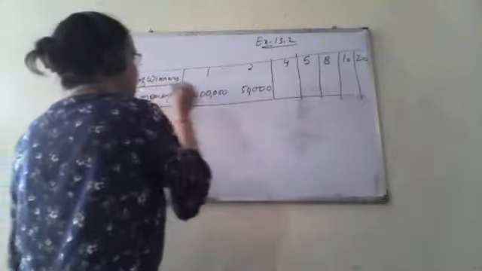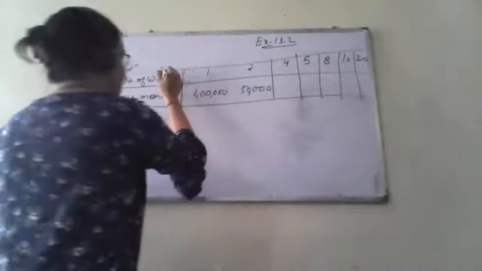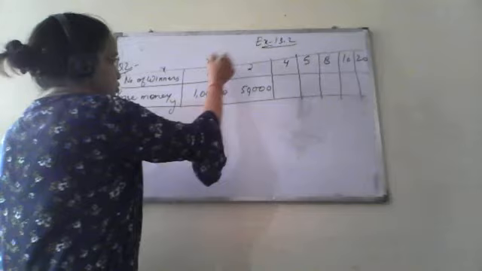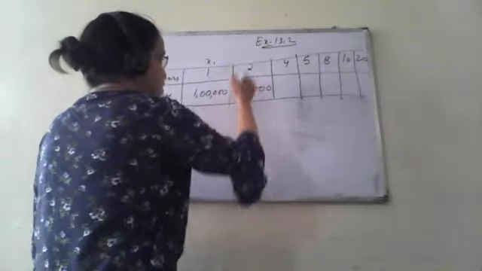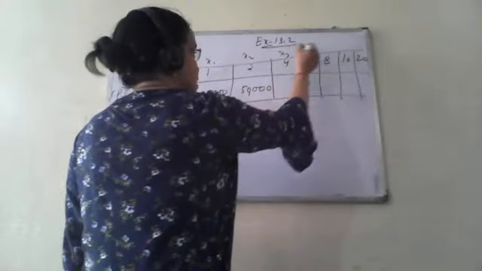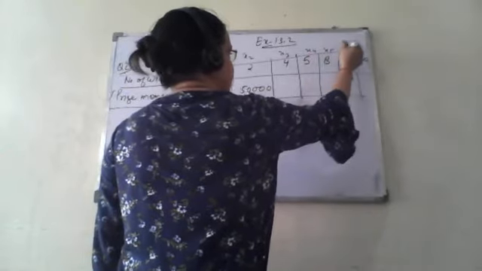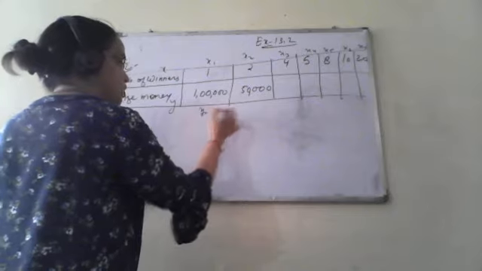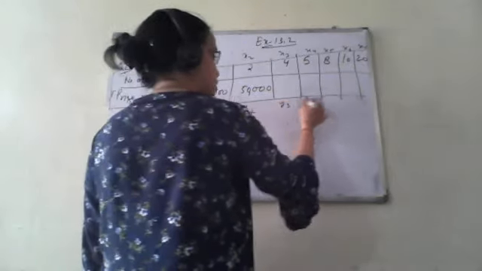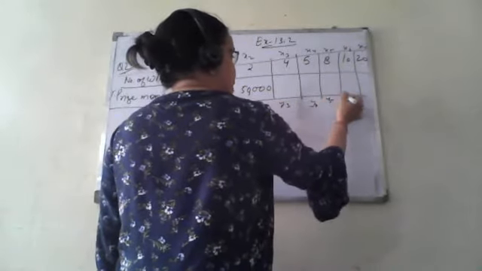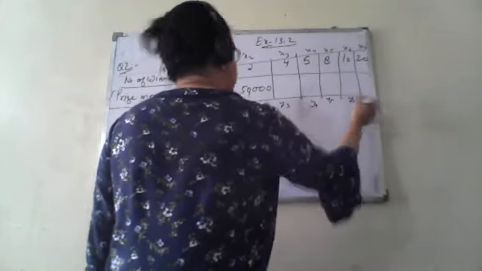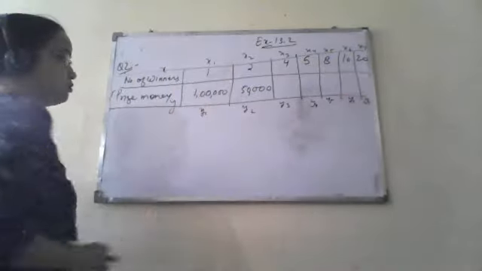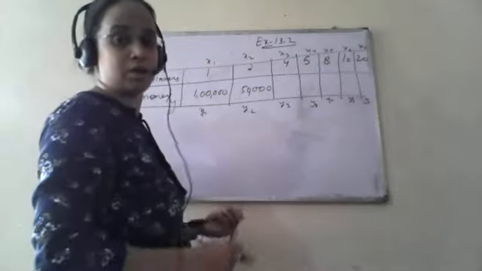So this is the thing. This is our x, this is y, this is x1, x2, x3, x4, x5, x6, x7. This is y1, y2, y3, y4, y5, y6 and y7. So this is what we have to check, whether this is a direct or inverse proportion.